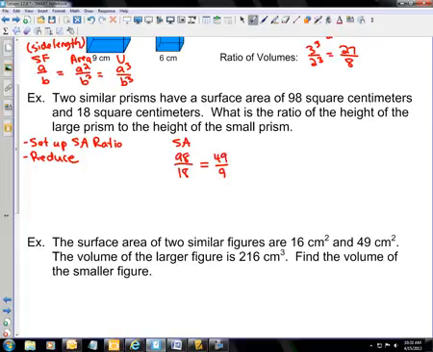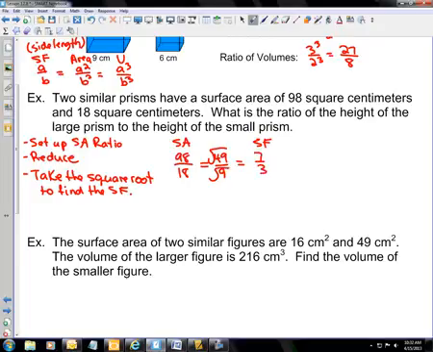So I set up the surface area ratio, I reduce it, and then to get my scale factor, I take the square root, and it's 7/3. That scale factor, 7/3, is also the ratio of the heights.